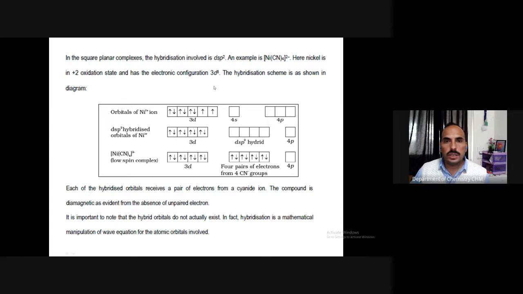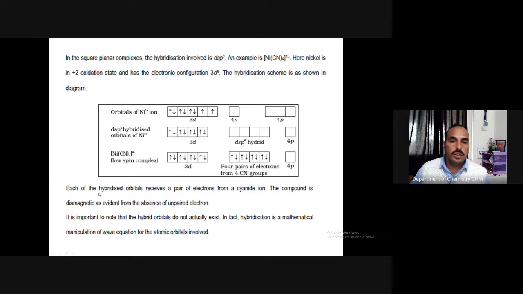Now Ni(CN)4, just one second, you can see Ni(CN)4 because it is known that it is square planar and it is diamagnetic, right? So in this case, again, you can write the d8 configuration, but you know that it's diamagnetic, so pair the electrons here, and form a dsp2 hybridization.